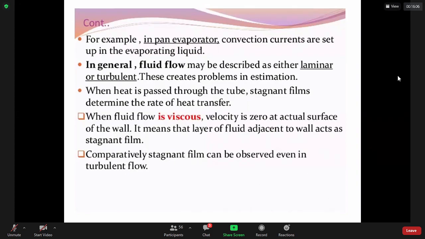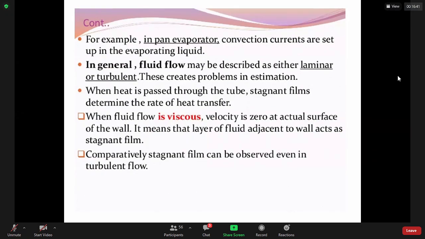When the fluid flow is viscous, velocity is 0 at the actual surface of the wall. So that layer of fluid adjacent to the wall acts as a stagnant film. So comparatively, a stagnant film can be observed even in turbulent flow. So that means in turbulent flow, we have conduction, because we have a stagnant film.